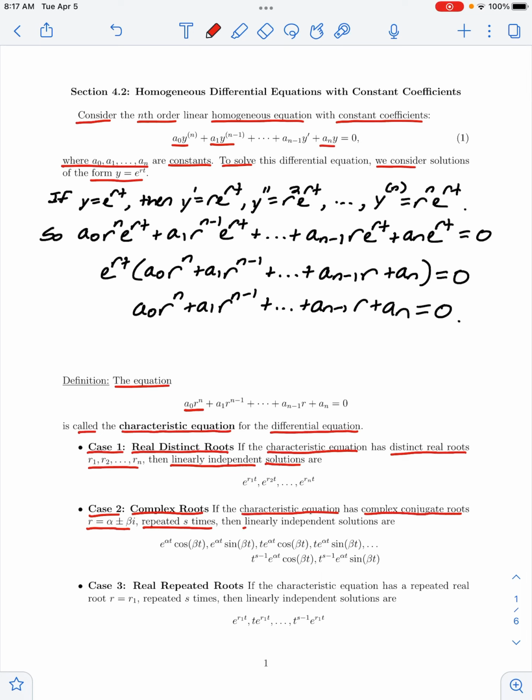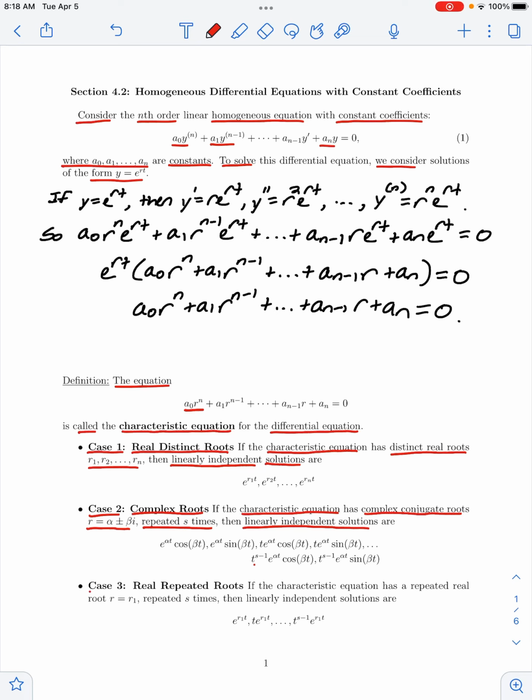And in this case, linearly independent solutions are given by e to the alpha t cosine beta t, e to the alpha t sine beta t, then t times e to the alpha t cosine beta t, t times e to the alpha t sine beta t, and so on, up through t to the s minus 1, e to the alpha t cosine beta t, and t to the s minus 1, e to the alpha t sine of beta t.